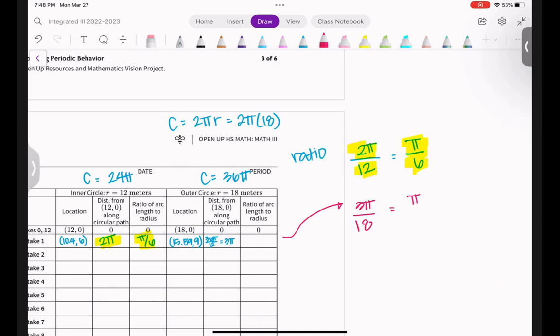We're going for the arc length to our radius. So this is arc length here. This is our radius. I'm just following the directions. It says I want the ratio of arc length to radius. So they're just telling you to write a fraction where the numerator is arc length and your denominator is radius. So if I divide that out, that becomes pi over 6.